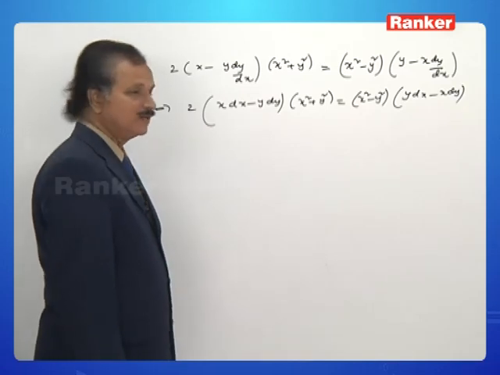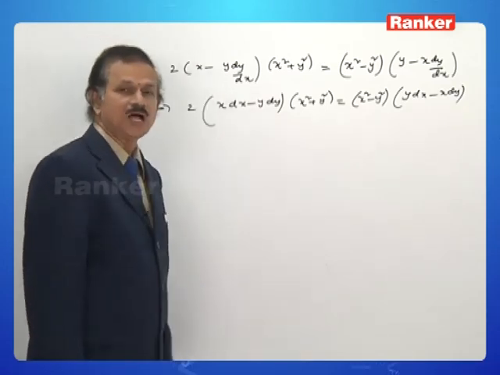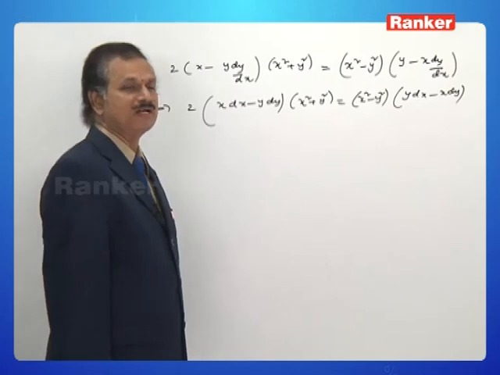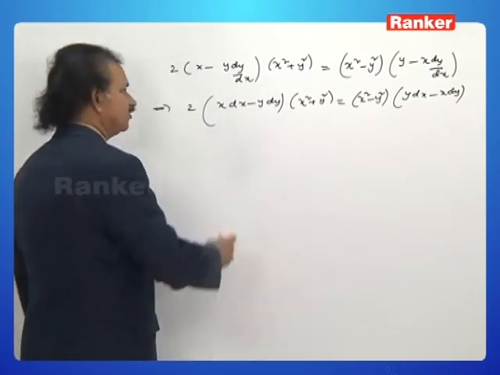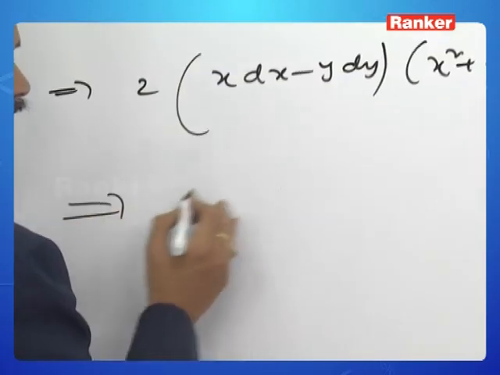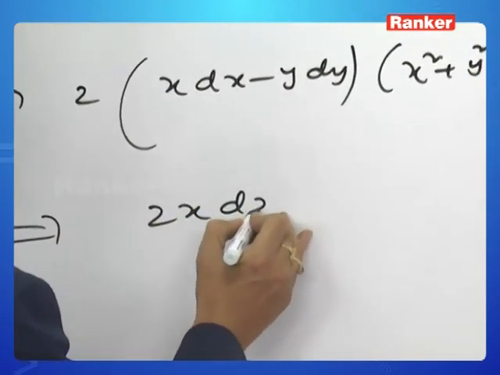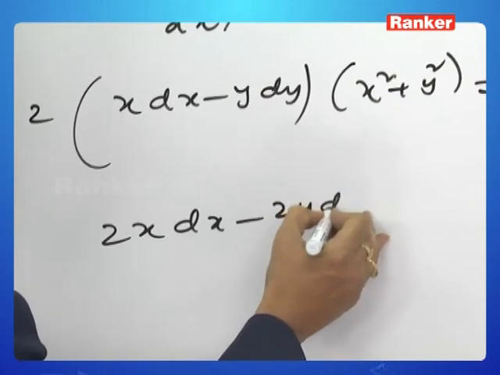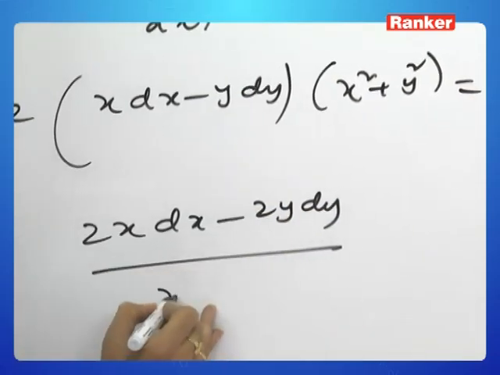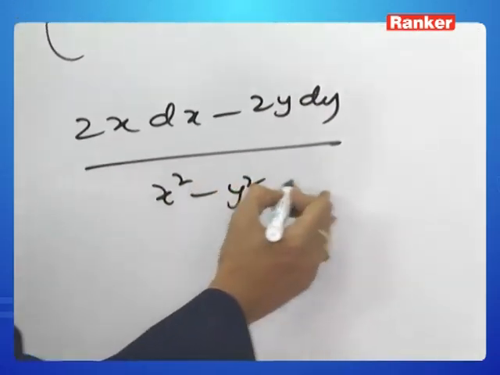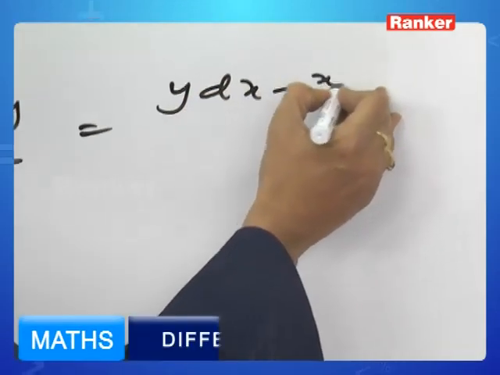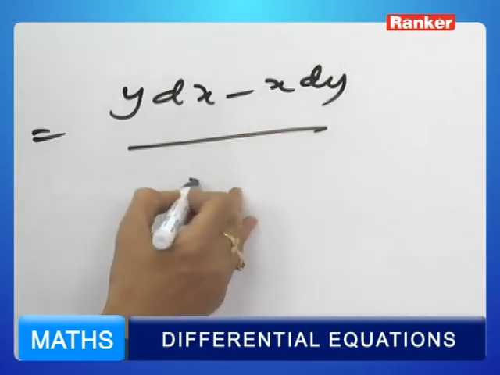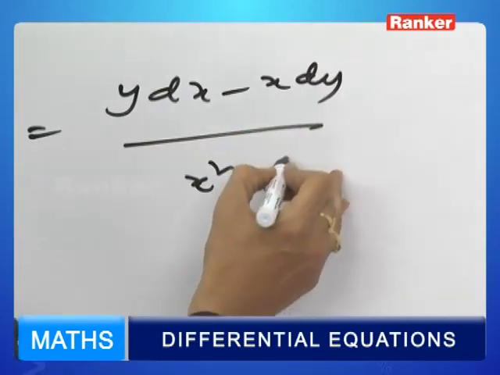I've taken the LCM and simplified by multiplying with the differential dx. And it is again 2x dx minus 2y dy by x square minus y square is equal to y dx minus x dy by x square plus y square. Am I correct?